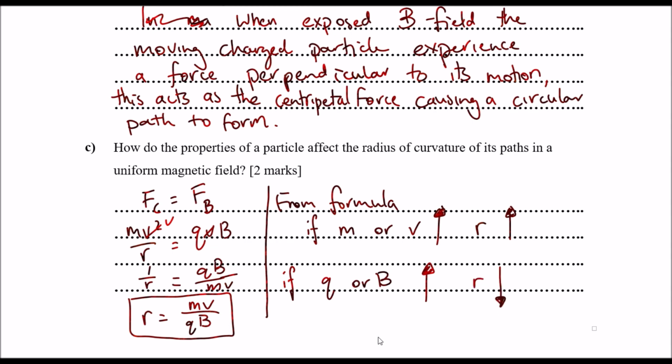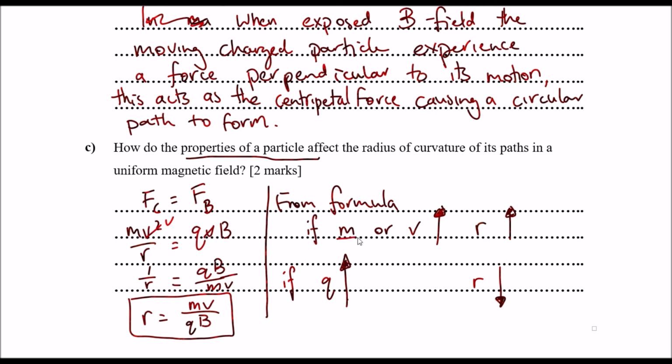Now, in this case, because the question is asking you the properties of a particle, you don't actually need to quote the magnetic field strength. So if q of the particle increases, the radius of the curvature of that particle decreases.